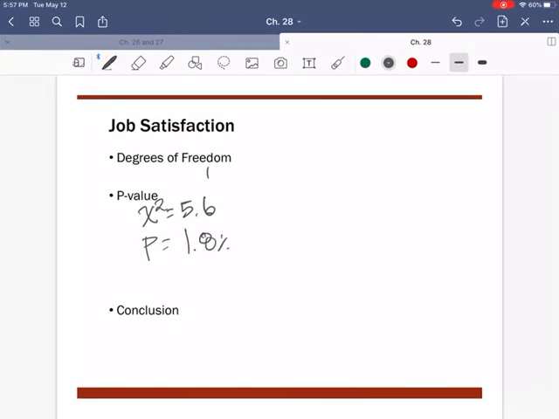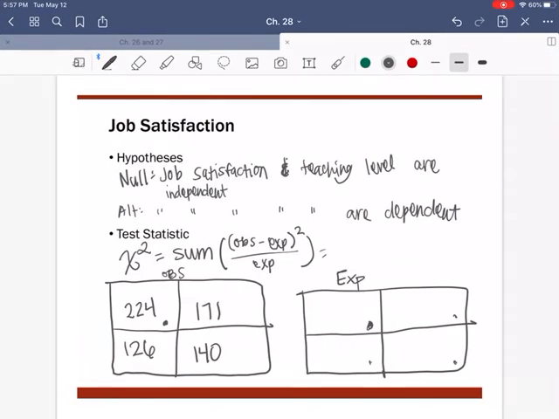Chi-square was 5.6. P was 1.8%. What happened here was our calculator automatically created the expected matrix and then did the calculation to get our chi-square number.